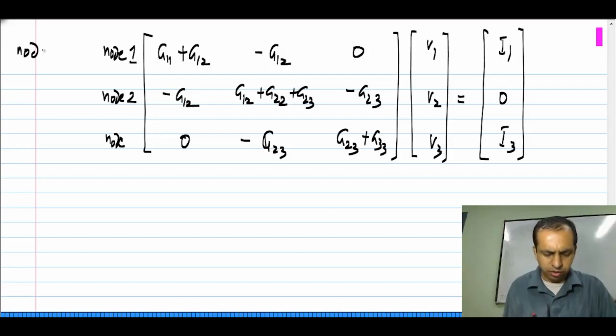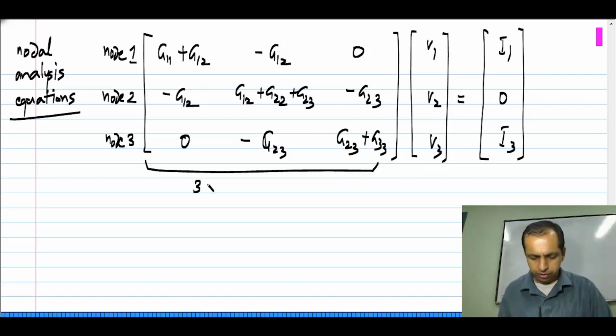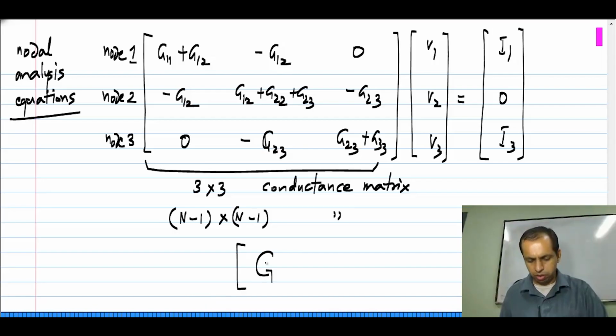So, these are the nodal analysis equations, and I have a 3 by 3 conductance matrix. Now, in general, in an n node circuit, it will be an n minus 1 times n minus 1 conductance matrix. I will denote that like this.